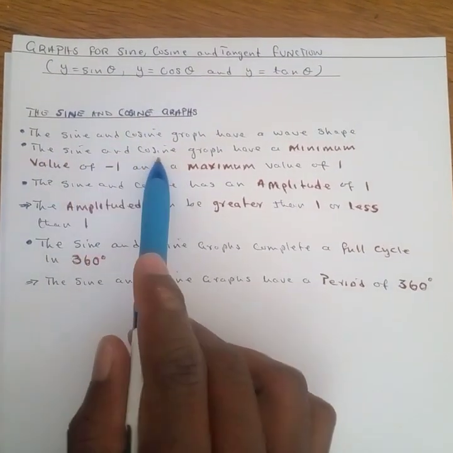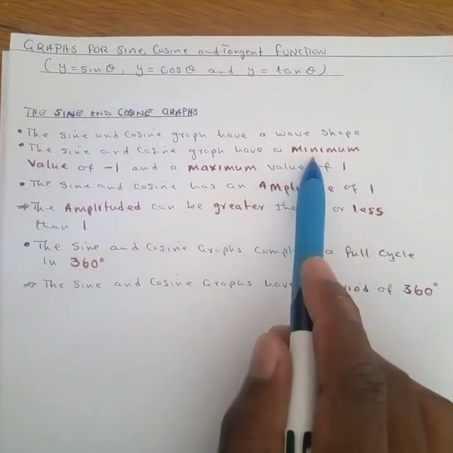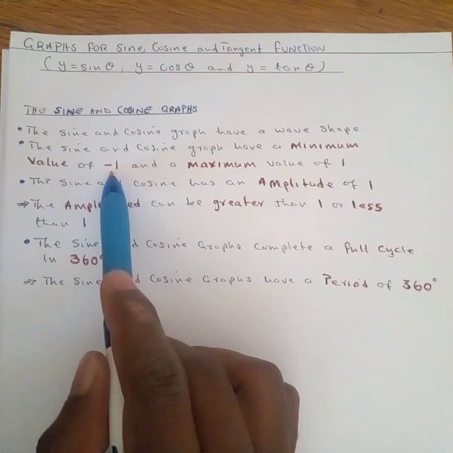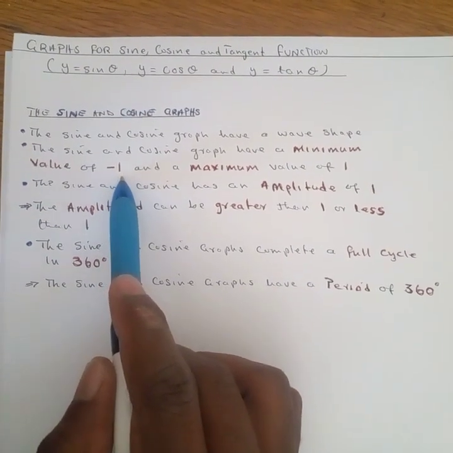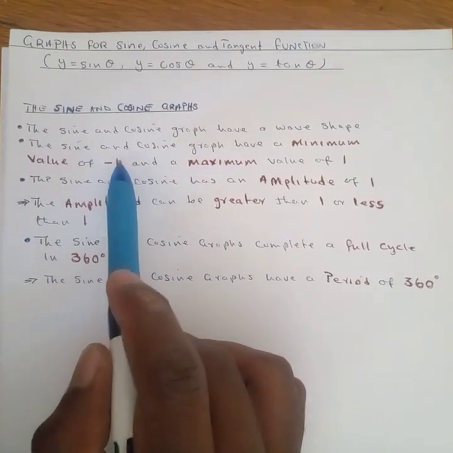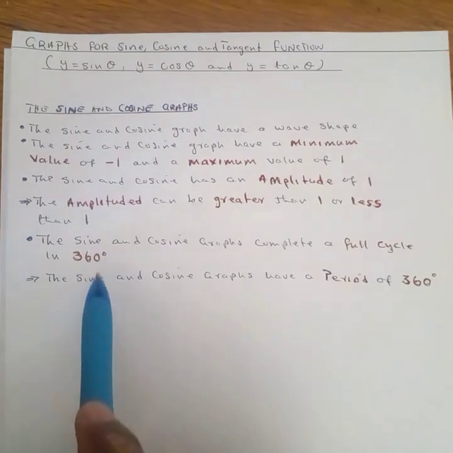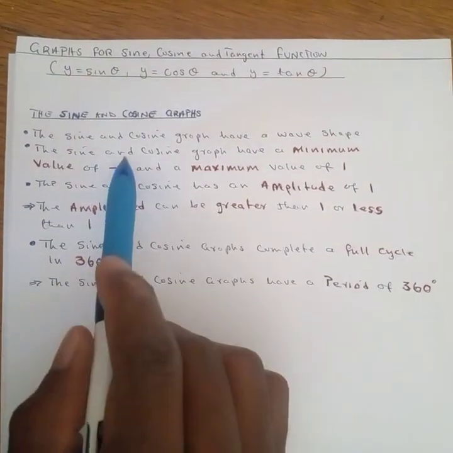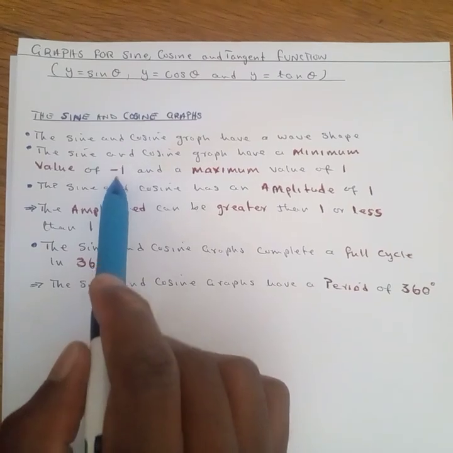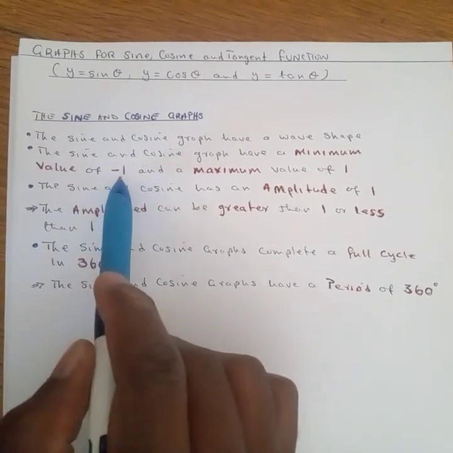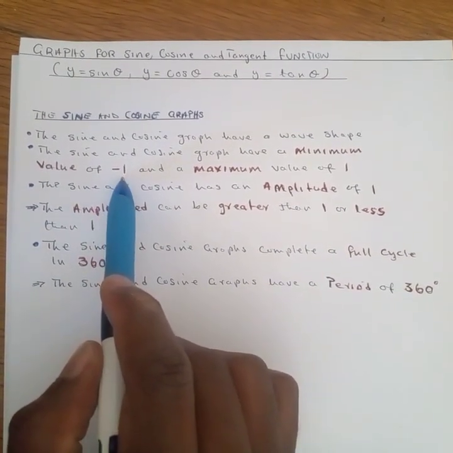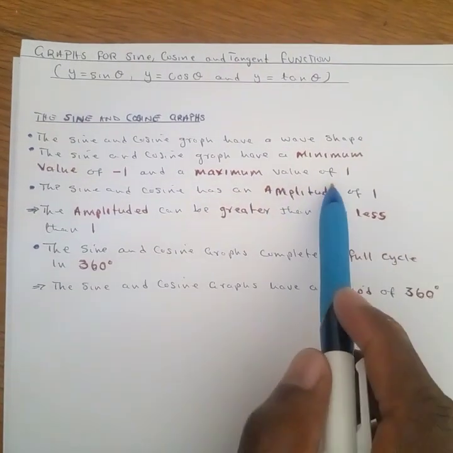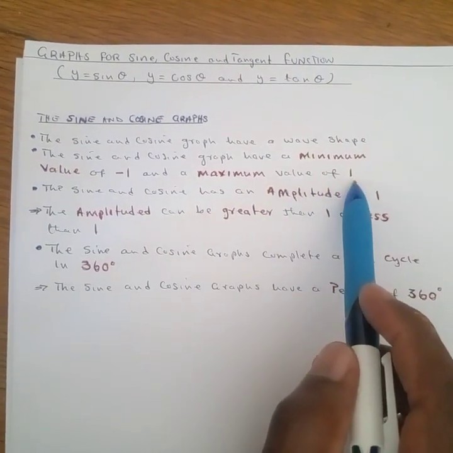The sine and cosine graph have a minimum value of -1. We know when we talk of a graph, we are simply talking of the y-axis and x-axis. On the y-axis, the minimum value on the negative axis should be -1, and the maximum value on the positive axis is 1.